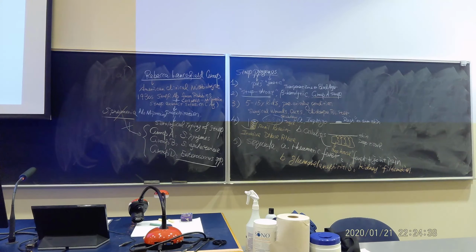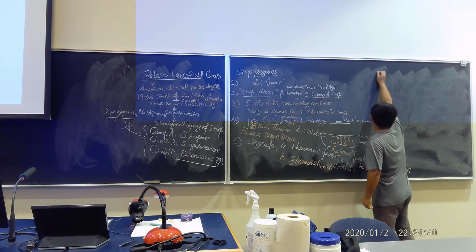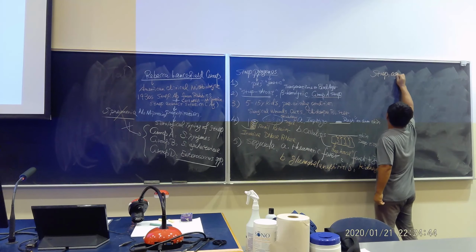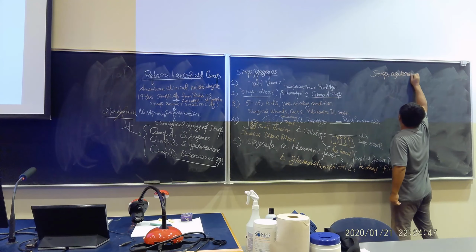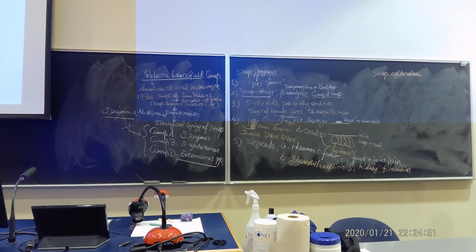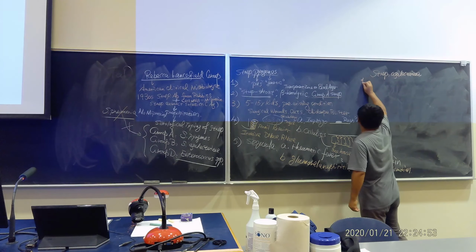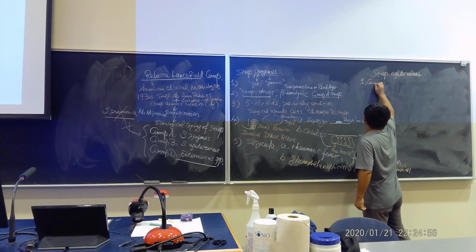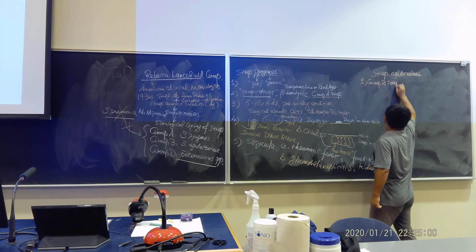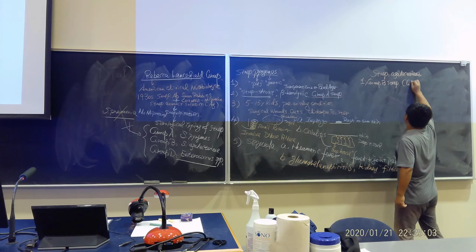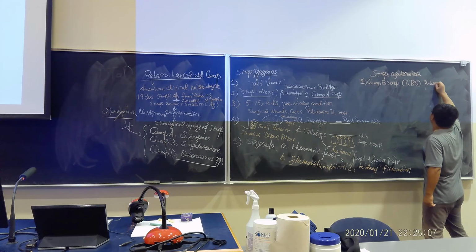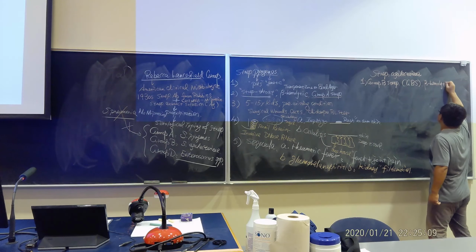Now you go through the slides a little bit, you will see a second one: Streptococcus agalactiae. This is the one we call group B strep, GBS, and also beta hemolytic.